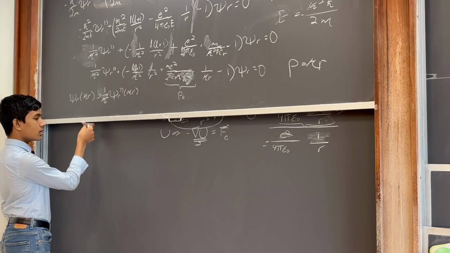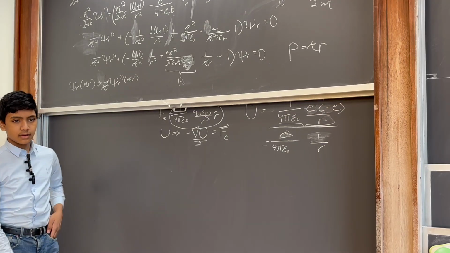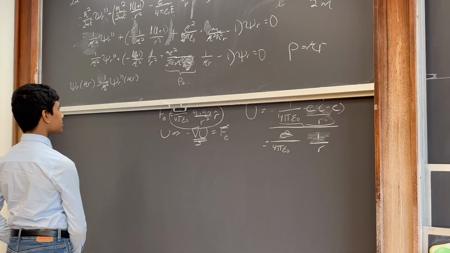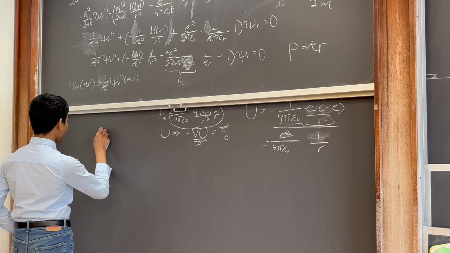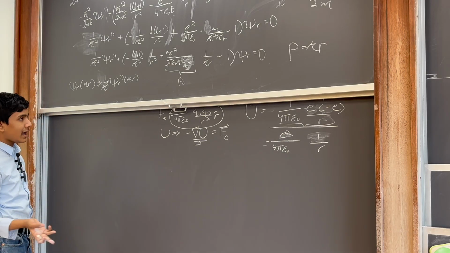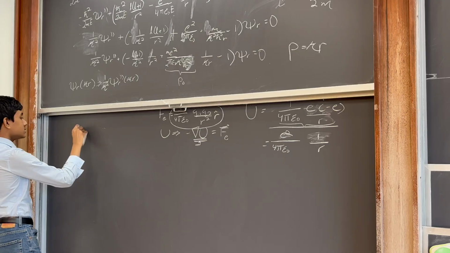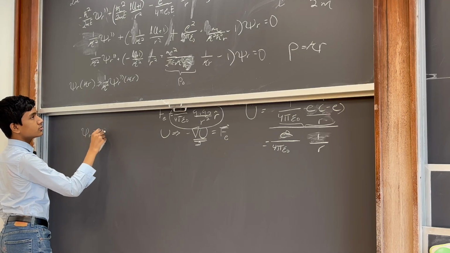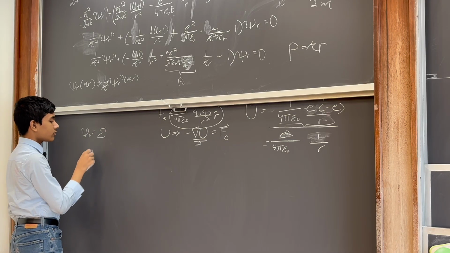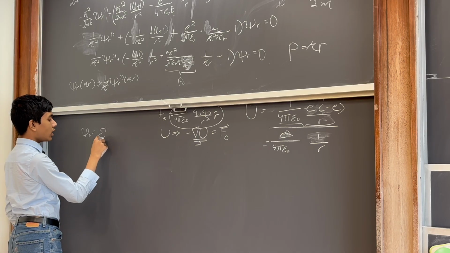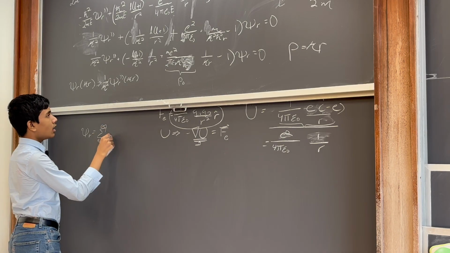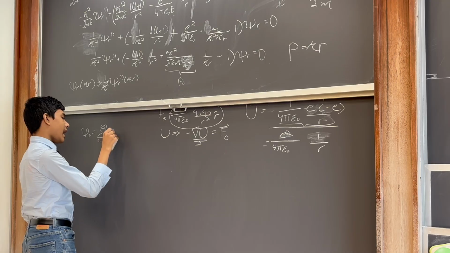Now, let's try to solve this in the form of some power series. Let's say psi r is equal to the sum from n equals 0 to infinity of a_n rho^n.